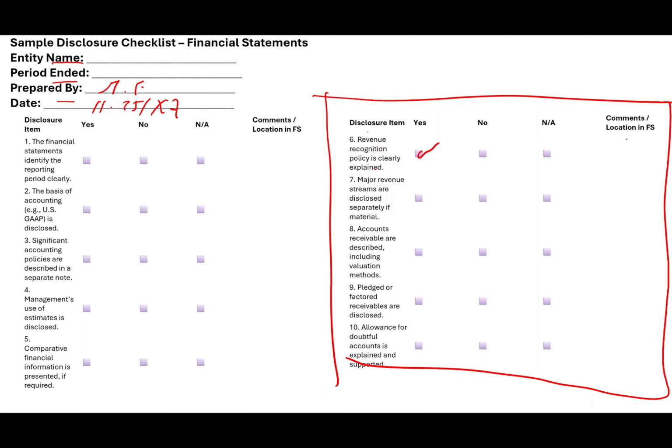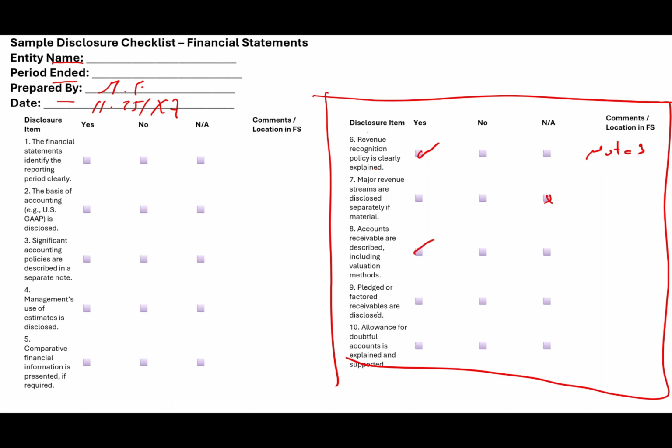And comments, location in financial statements, for example, I would say note 3. Major revenue streams are disclosed if separately material. Not applicable. And I would say something to the effect of one revenue source, so we don't have more than one. Accounts receivable are described including valuation method.